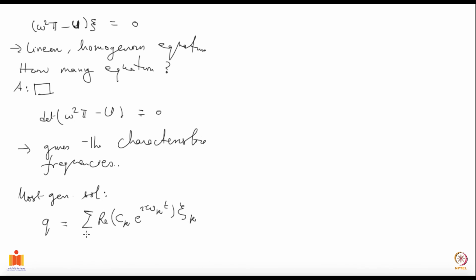And let me make the summation over k explicit. Also, I would request you to check that for this generalized eigenvalue problem, the xi of k in our case is a set of eigenvectors which are orthogonal to each other.